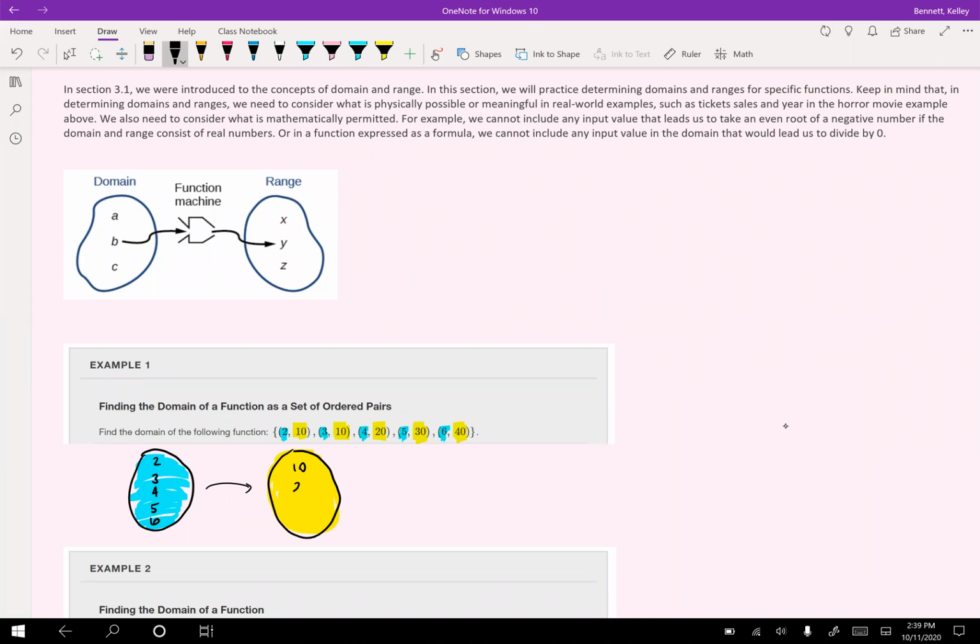We've got 20, 30, and 40. So what we see here is that our domain equals the set 2, 3, 4, 5, 6, and our range equals 10, 20, 30, 40.